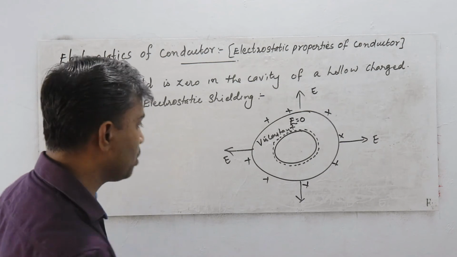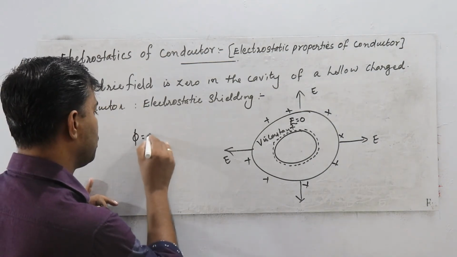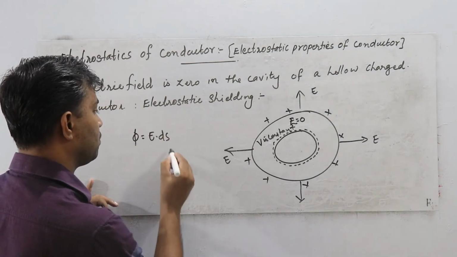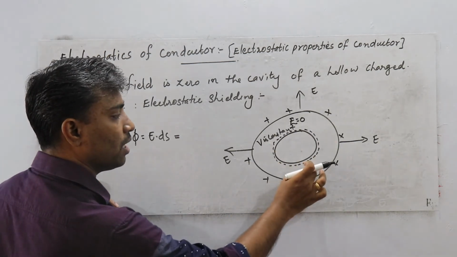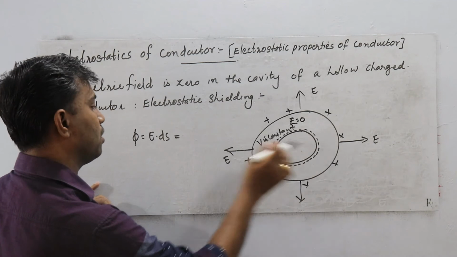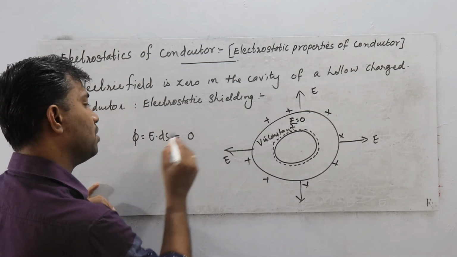The flux phi is equal to E dot ds. We know that the Gaussian surface is actually inside the conductor, so electric field is 0. So flux will be 0.